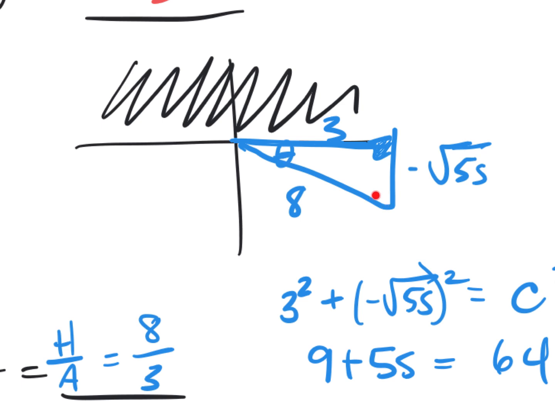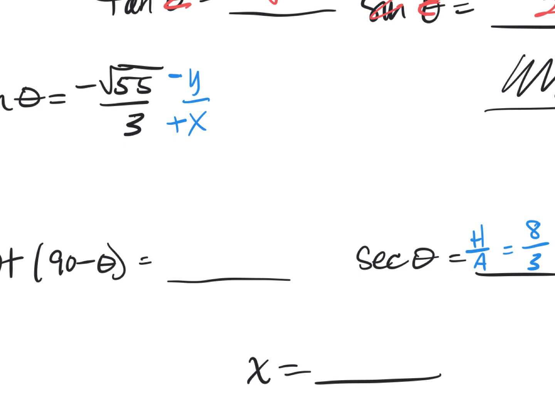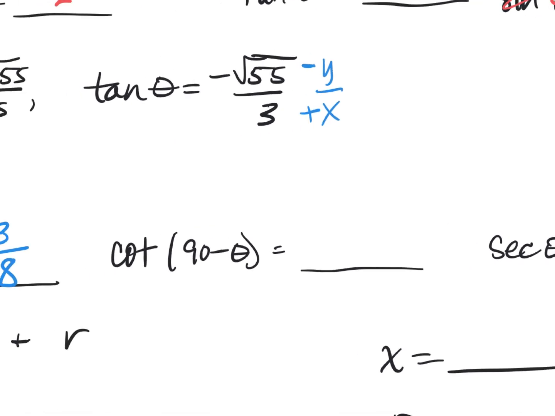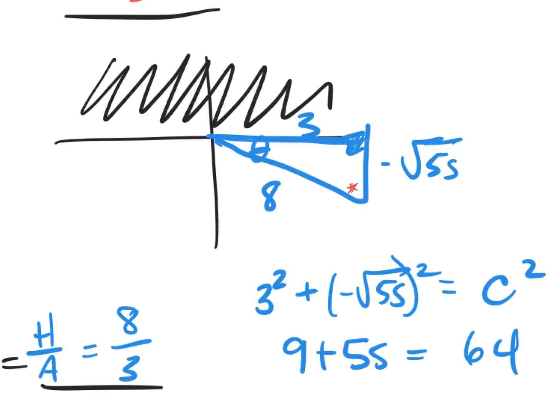Yep. So that notation of 90 minus theta means, okay, change your perspective. Pretend your new angle is here now. You're starting here. And it's asking you, relative to this angle, it's asking me what? Cotangent? Cotangent is adjacent over opposite, right? So what side is adjacent to this angle right here?